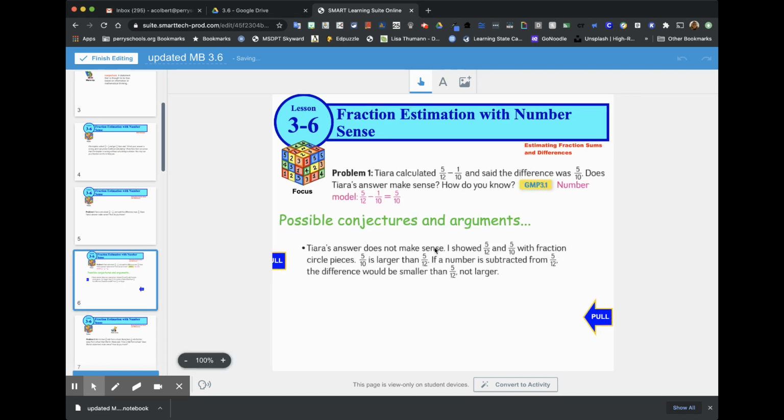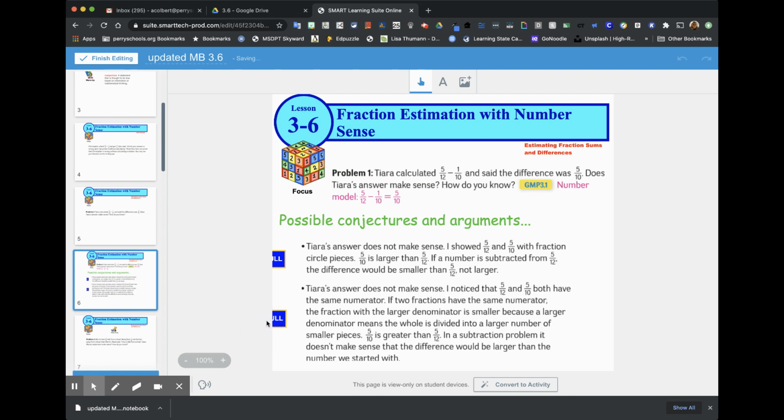So same thing here. If we're starting with something smaller than a half and we subtract something, we are not going to have 1/2 left over. It's not logical. It doesn't make sense. 5/10 is also larger than 5/12, like we said. If a number is subtracted from 5/12, the difference would be smaller than 5/12, not larger.